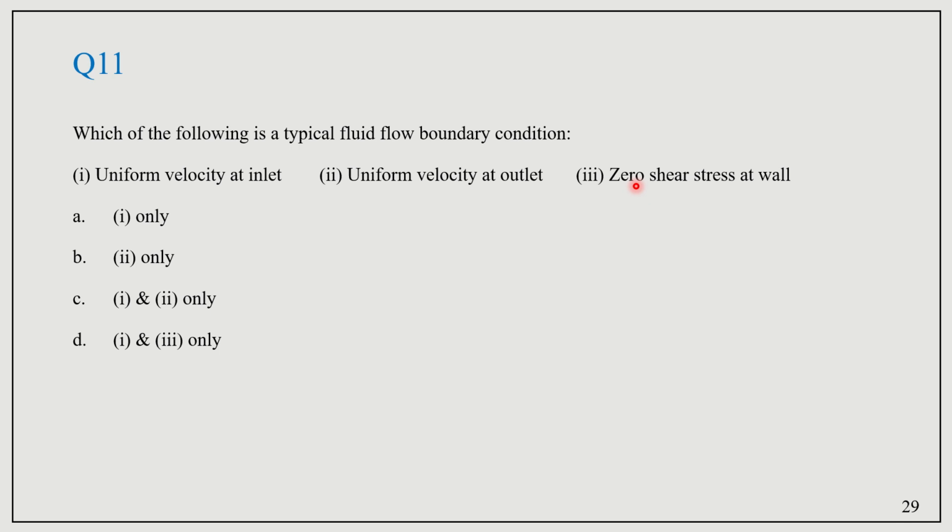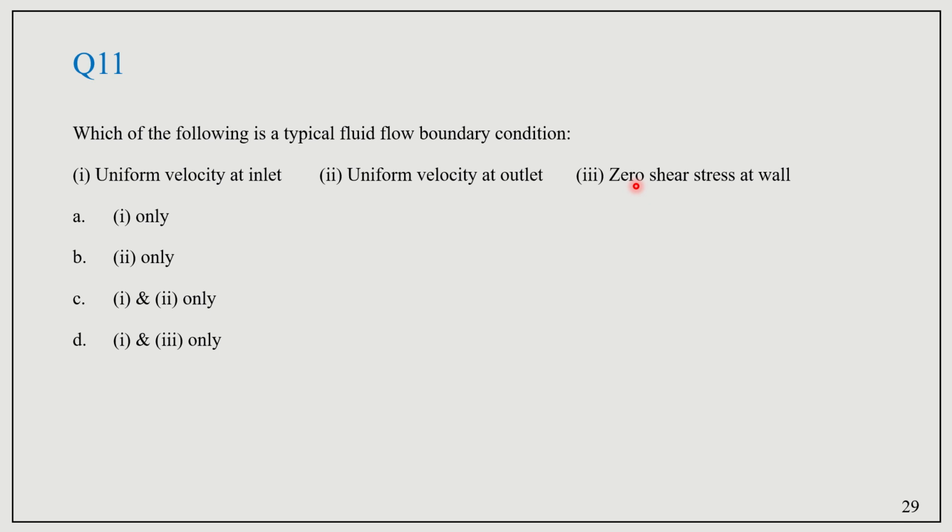It assumes that the fluid layer in direct contact with the boundary has the same velocity as the boundary. So the statement will be clear. The no slip condition, which we typically apply at the wall, assumes that the fluid layer in direct contact with the boundary has the same velocity as the boundary. That is the normal boundary condition which we apply at the wall.